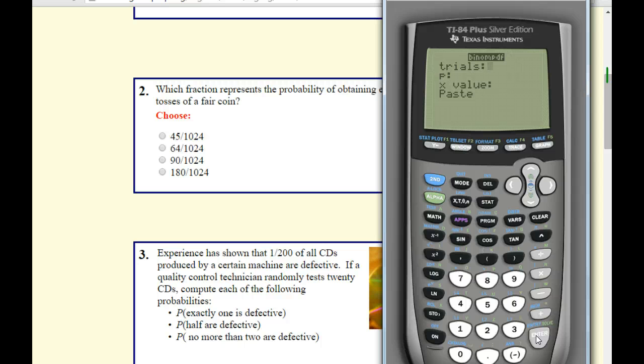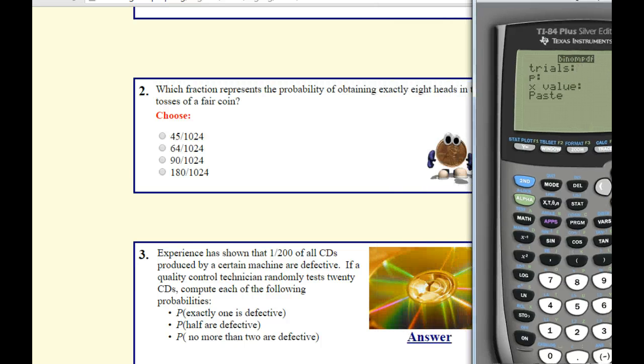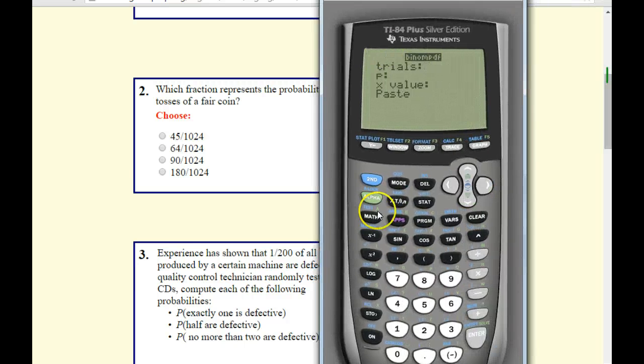How many trials did the question say? 8 in 10. So trials is anybody doing this? Number of trials? 10. Chance of success when you flip a coin? And how many are we wanting?